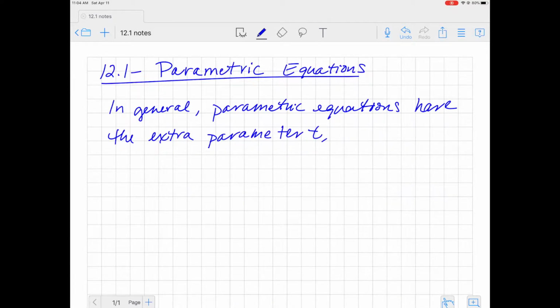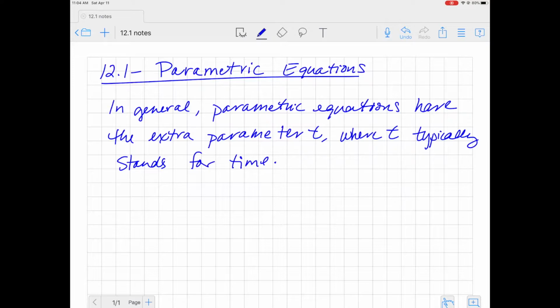And t typically stands for time. So what we're really doing is we're still going to be looking at these different equations. However, we have this extra parameter.